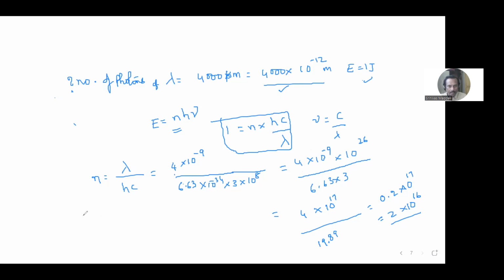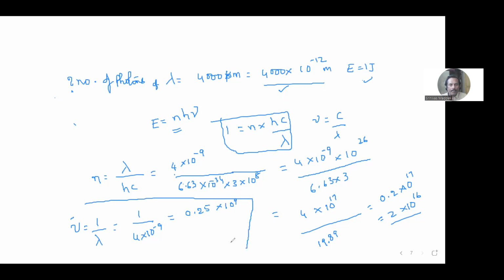So wave number, nu bar, I'm writing here, nu bar is equal to 1 by lambda. Already we know the lambda value. That is 1 by 4 multiplied by 10 to the power of minus 9. So that becomes what? 1 by 4 is 0.25 multiplied by 10 to the power of 9.